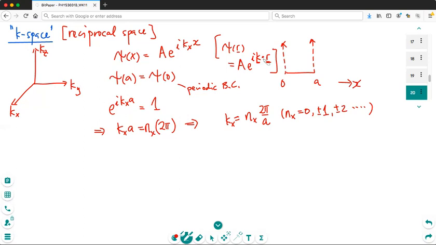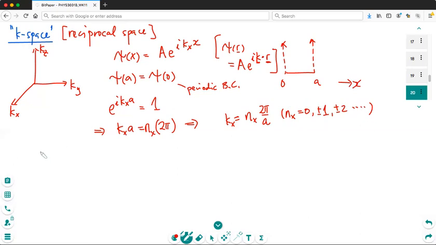Okay, so I can travel towards the right. I should be able to travel towards the left too. So I need to allow for this situation. And therefore, this problem is completely the same in y and z, so you will have ny and nz, and each of them can independently take this integer.